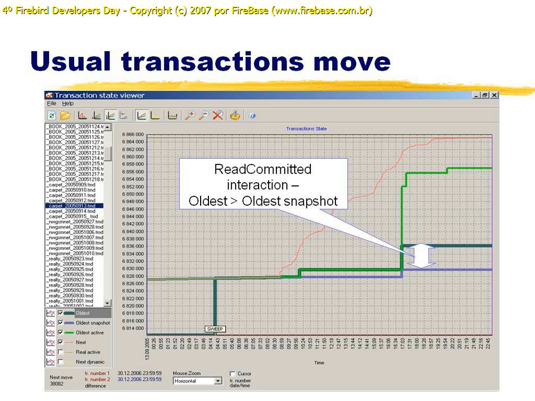Here is the special artifact we found in Firebird that affects garbage collection also.